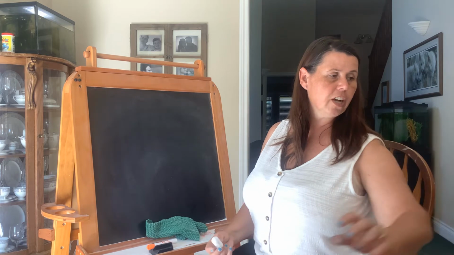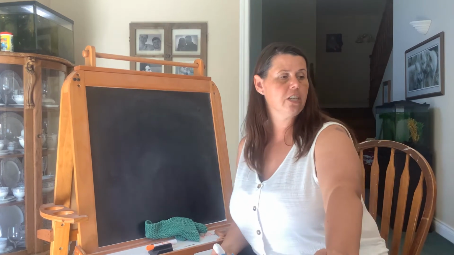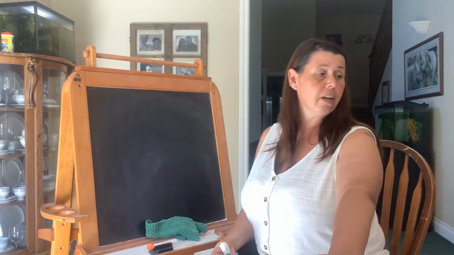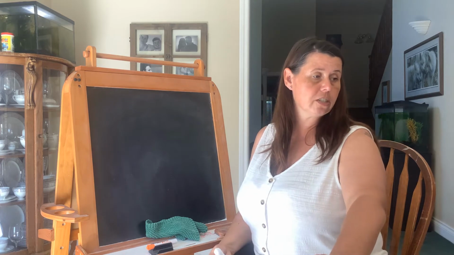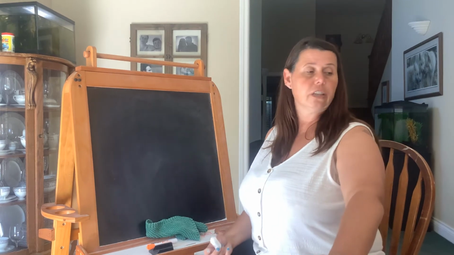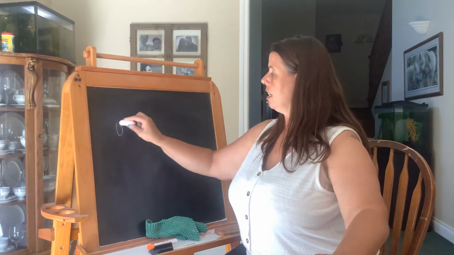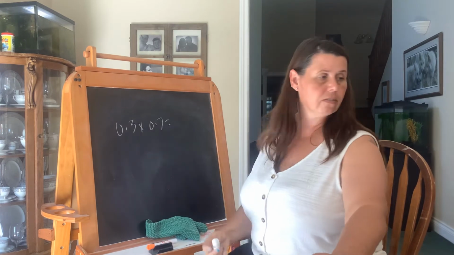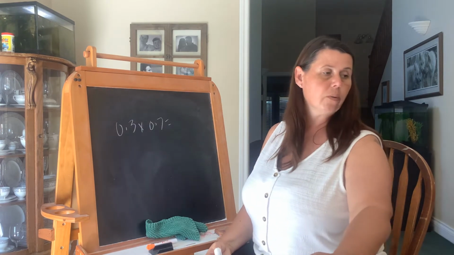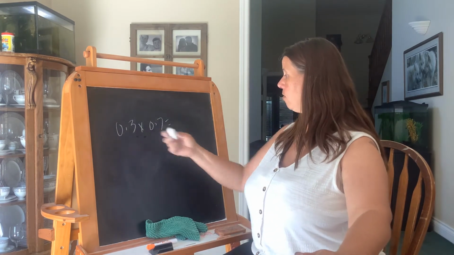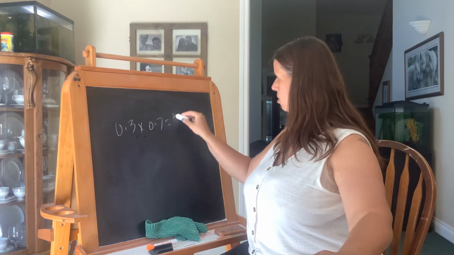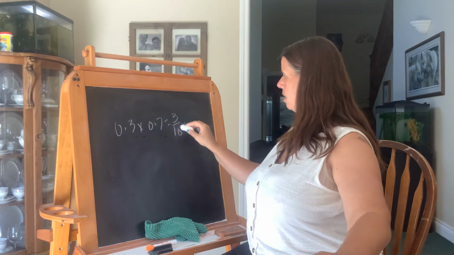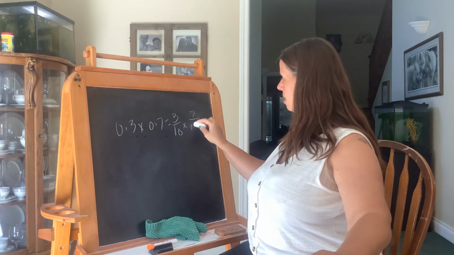Number 7, to find each product, first change each decimal to a fraction and multiply using the rule for multiplying fractions. Then change your answer back into a decimal. Okay, so the first example says 0.3 times 0.7, right? So they want us to change them to fractions. 0.3 is 3/10. 0.7 is 7/10.